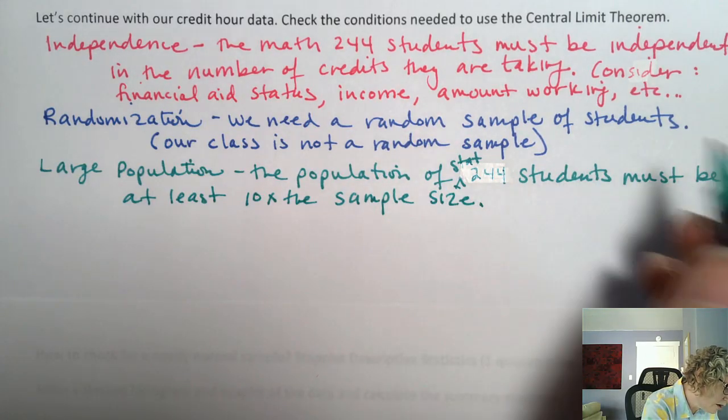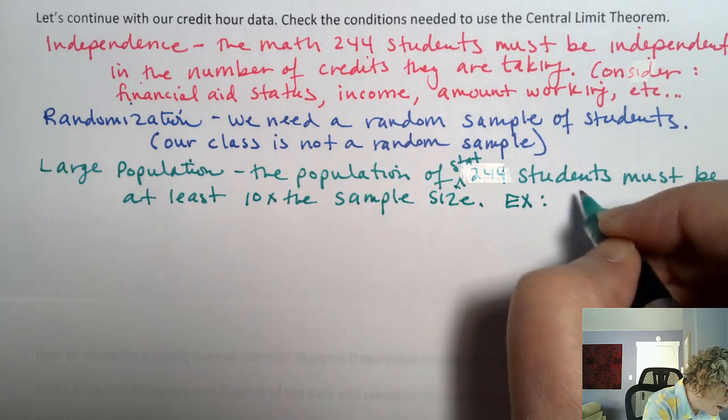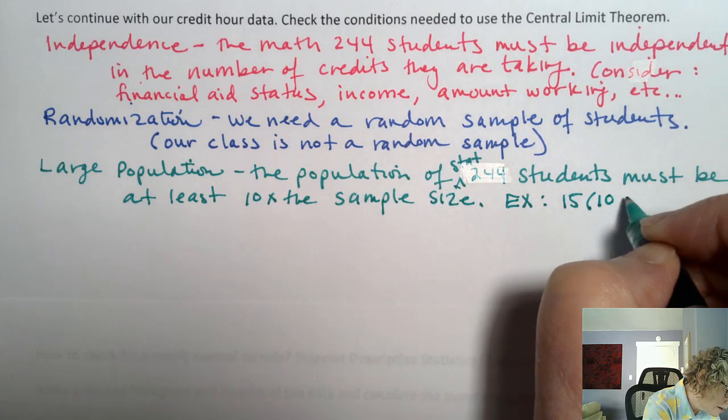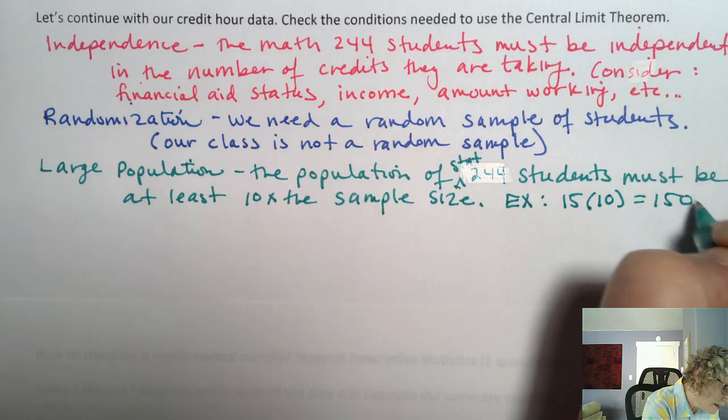Okay, so in our example, we had 15 times 10 is 150.